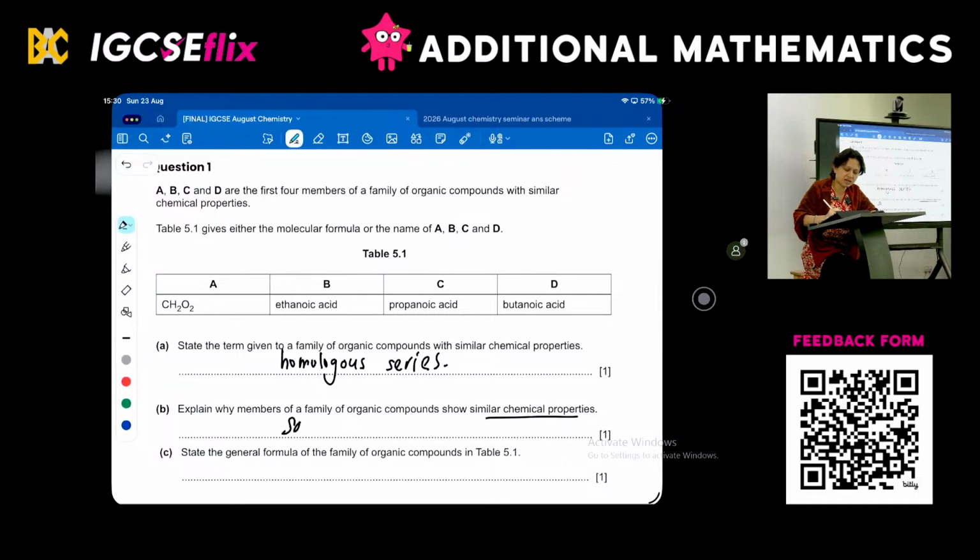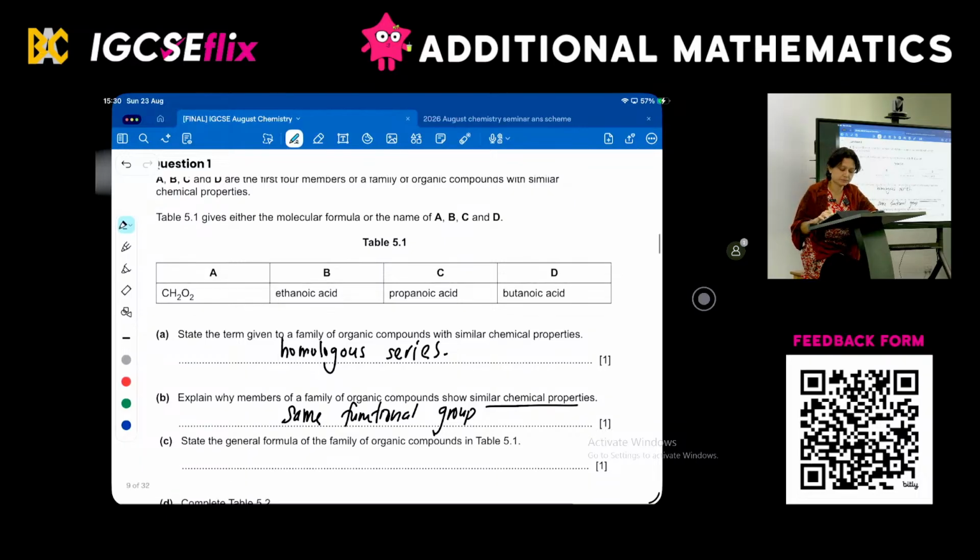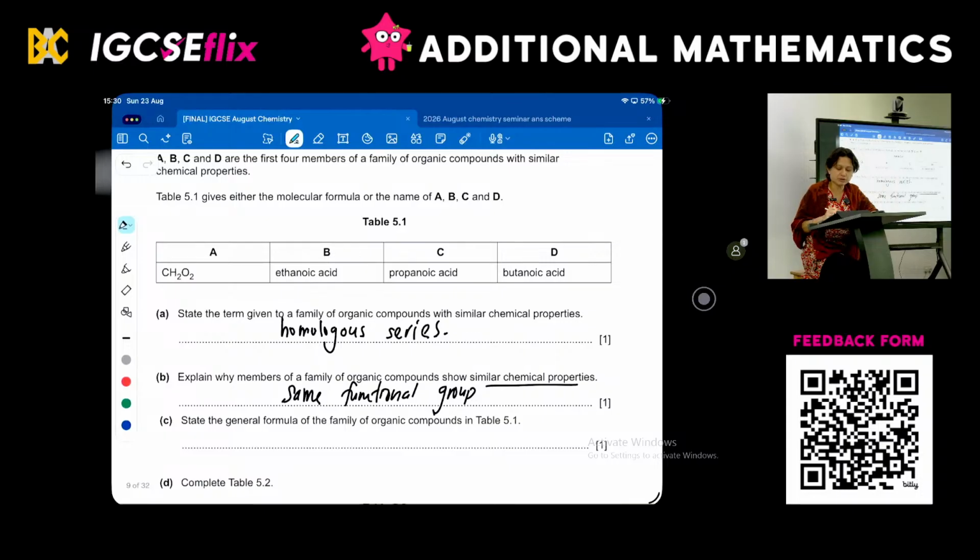Because they have the same functional group. The functional group is the part of the molecule that causes its chemical reaction. All alcohols are soluble in water because of the OH. All carboxylic acids are acidic because of the COOH. Get it? Okay. State the general formula of the organic compound here.